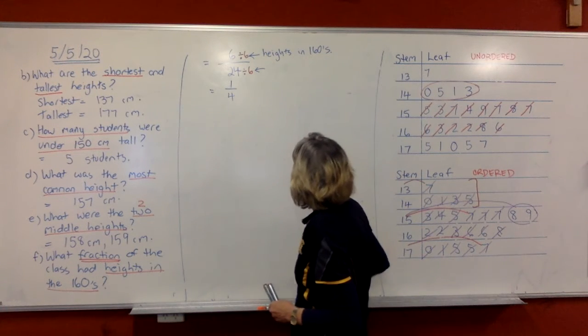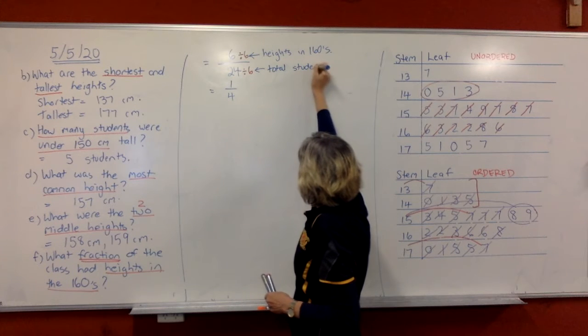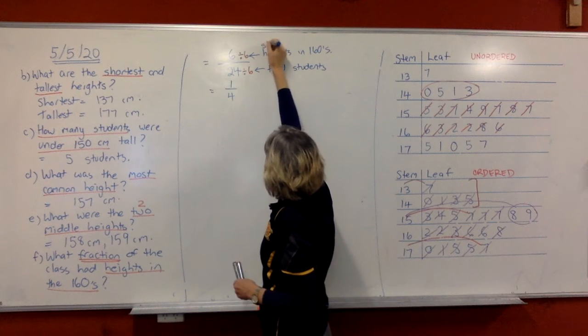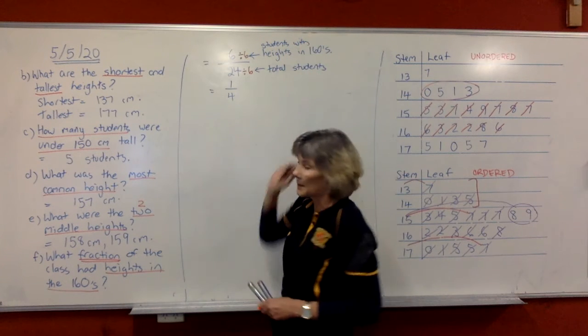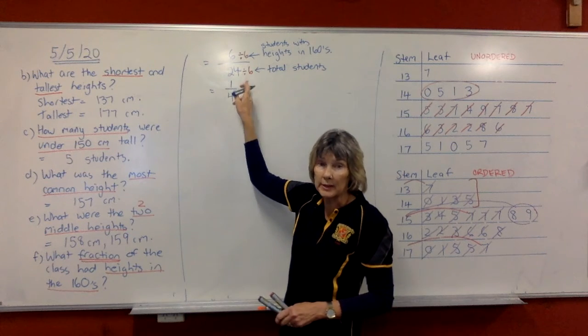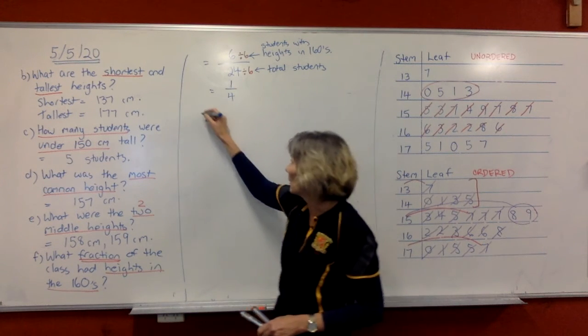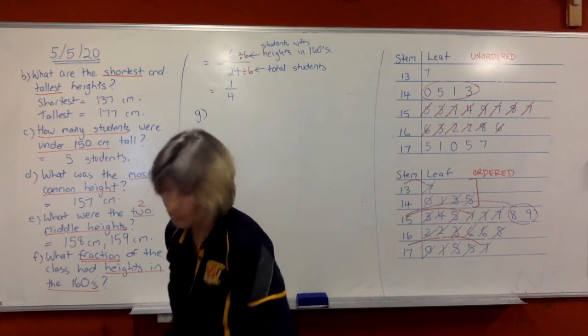Yeah, total students. And these are the students with heights in the 160s. Okay, so simplify it down by dividing top and bottom by a number that goes into them, and it becomes 1/4. Now we're doing just one more question here, so I'll just get it copied down.